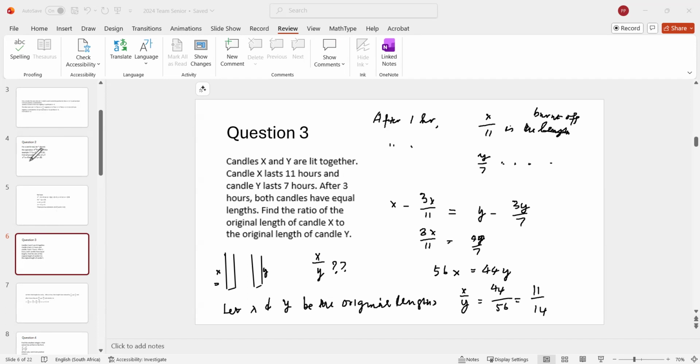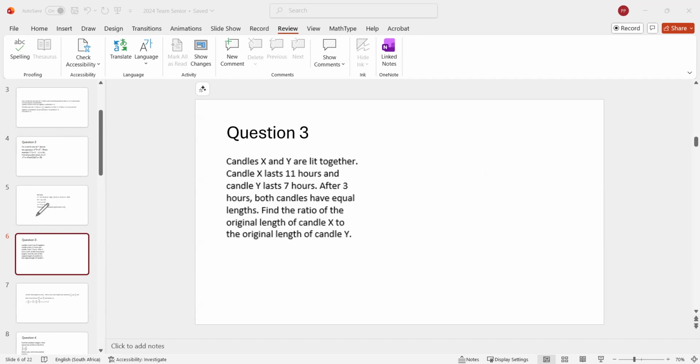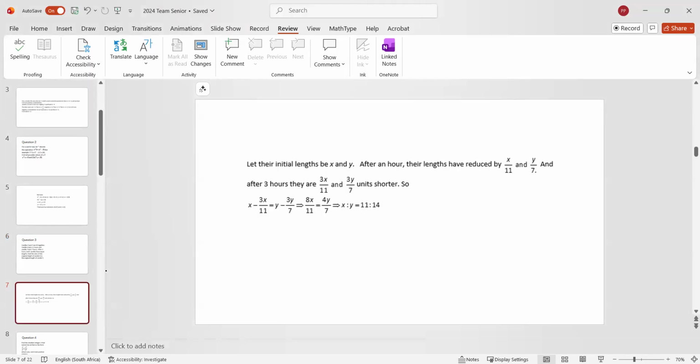All right, let me see what solution I had to this problem. I might have done it in some other way. Oh, very quickly I've got the answer. Oh, it's exactly the same thing. Well, I also used x and y in my solution.